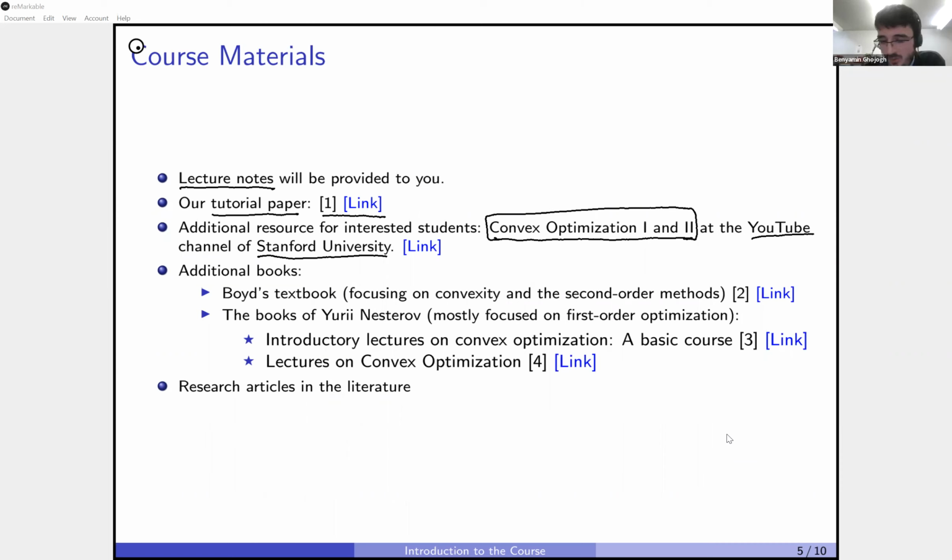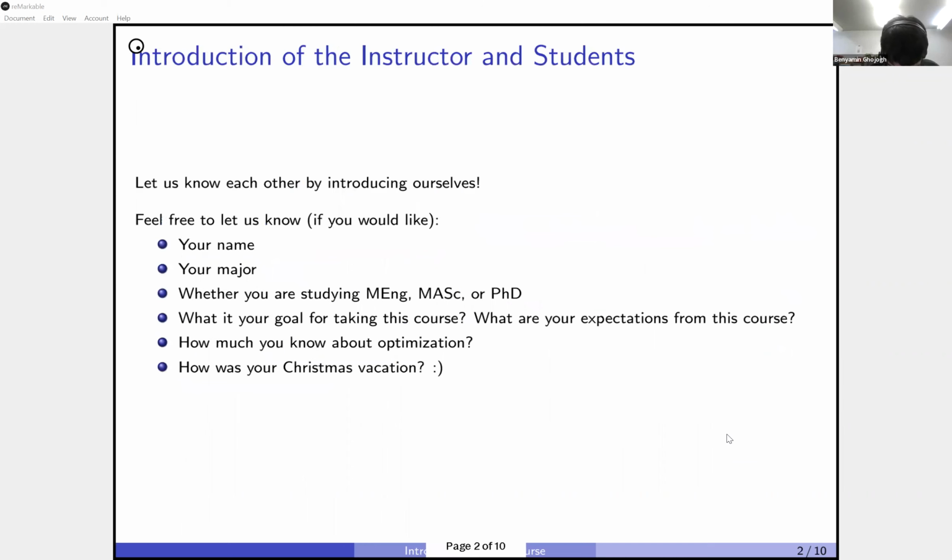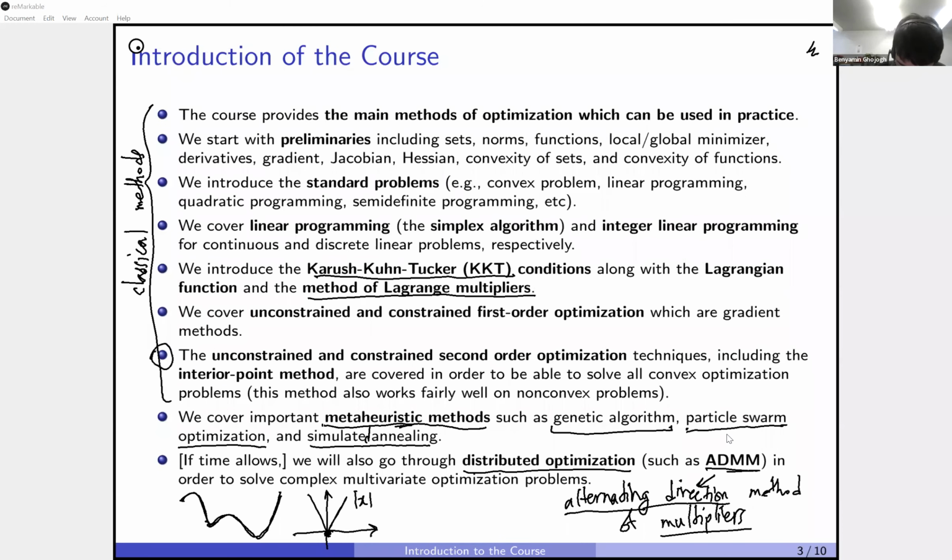Convex Optimization 1 of Stanford covers mostly the interior point methods, the second order methods. Do you remember this bullet point? This bullet point was second order, and as I said, when we have constraints, it's the interior point method, also called barrier methods.